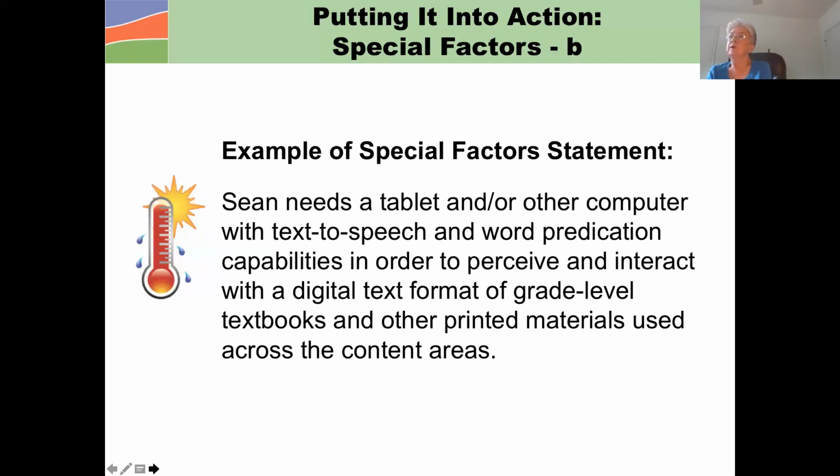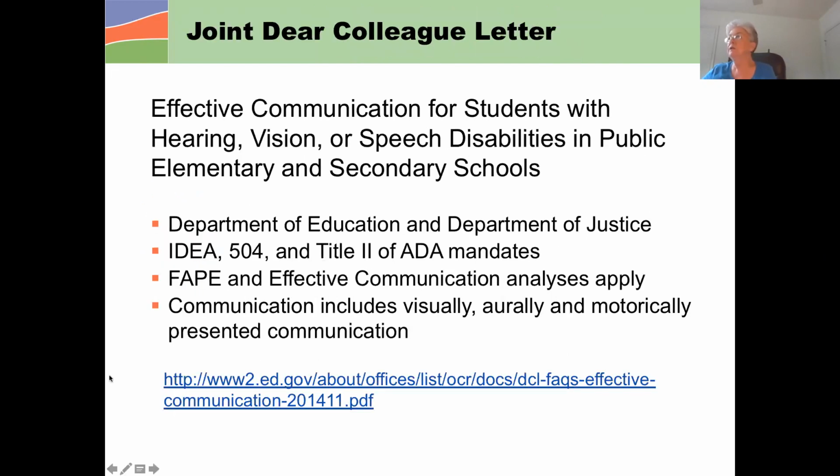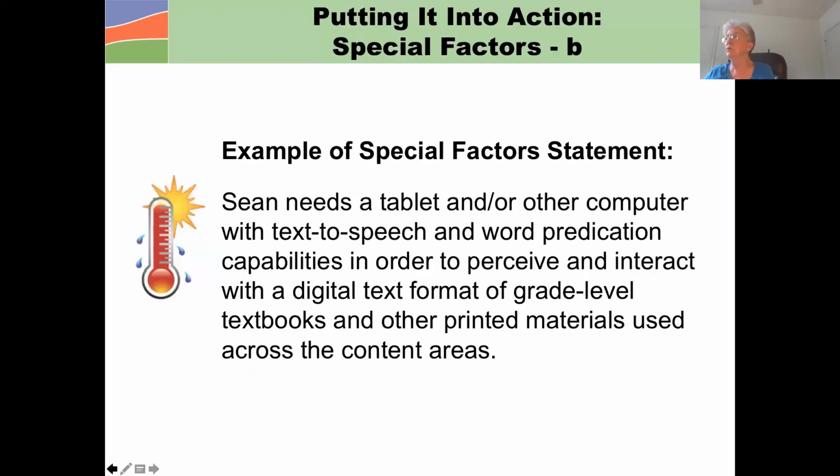So it goes on to say that Sean needs a tablet and or other computer with text-to-speech and word prediction capabilities in order to perceive and interact with the digital text format of grade level textbooks and other printed materials used across the content areas. So did you want to expand any about the example there, Joy?